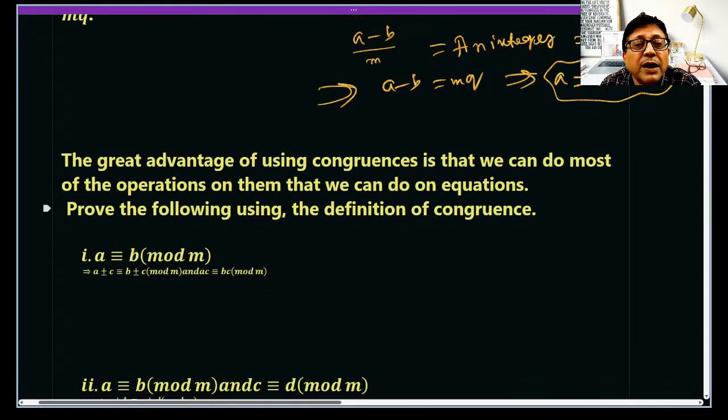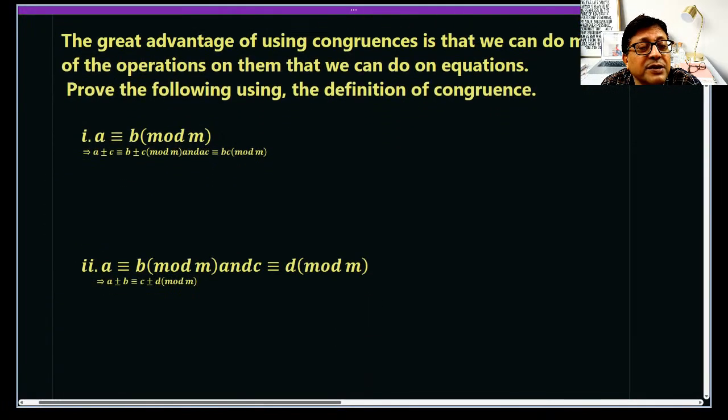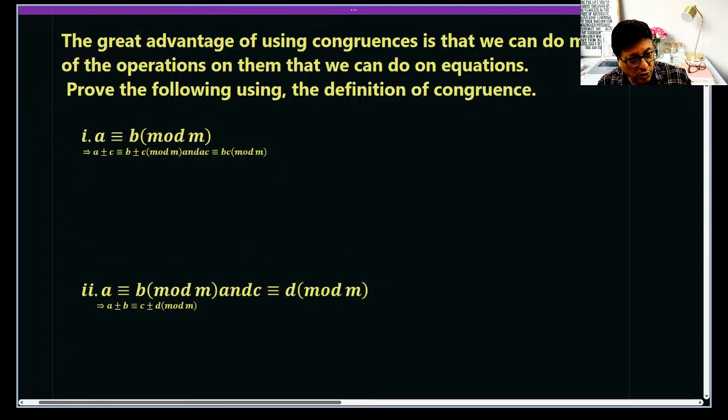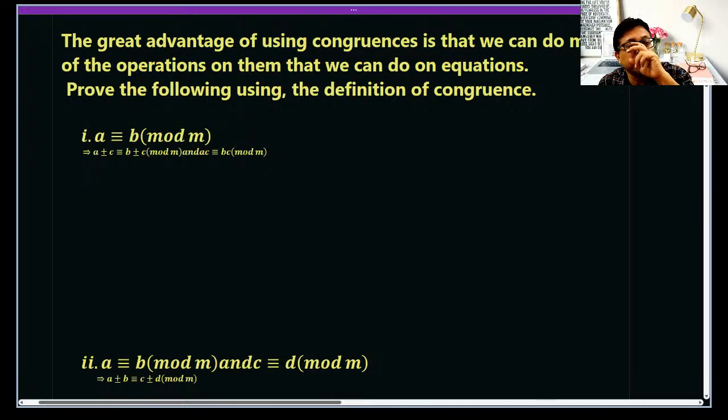These are not observations, these are rules which you can follow to solve problems on congruency. We are going to prove these also. If A is congruent with B mod M, can I say that A plus C is congruent with B plus C mod M?